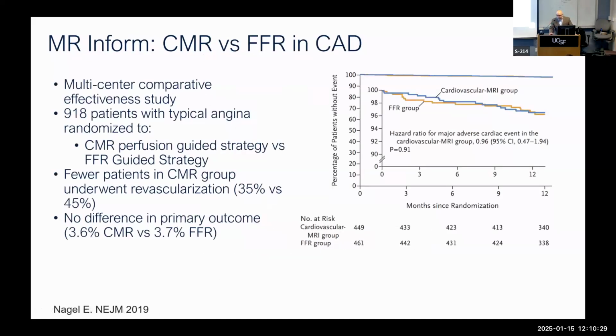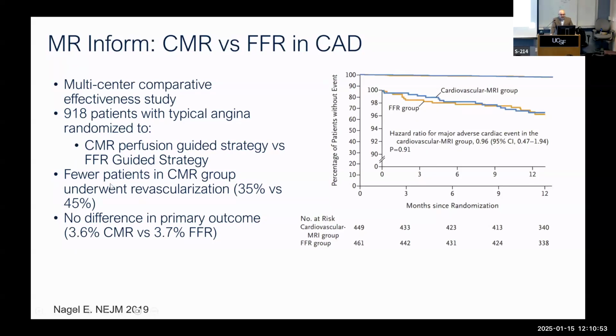And then the last study that I really want to highlight, this is actually a strategy study in terms of revascularization, a multi-center comparative effectiveness study, almost 1,000 patients with angina, randomized to either having a CMR perfusion guided strategy, meaning they made the decision for revascularization based on the cardiac MRI, or made the decision for revascularization based on FFR.